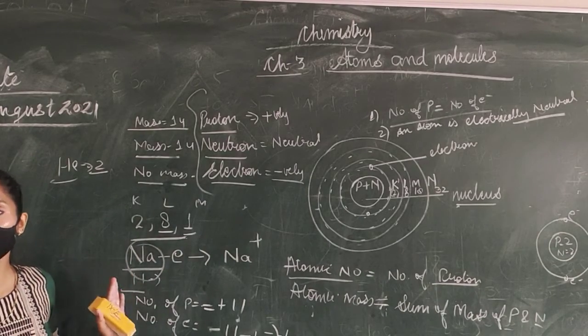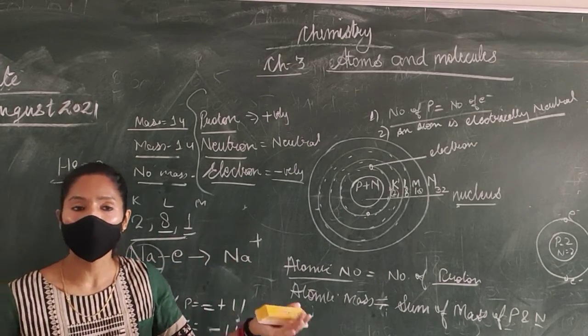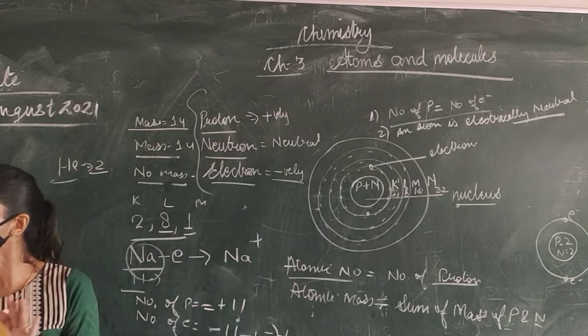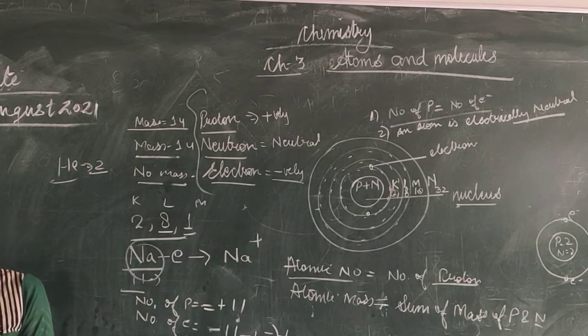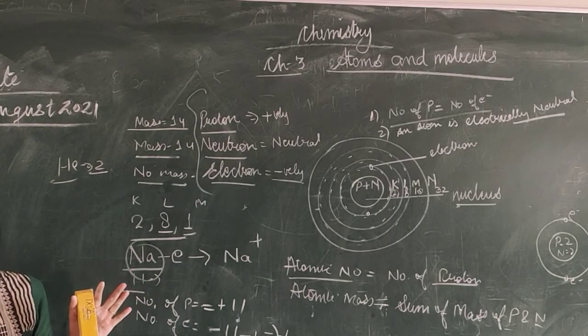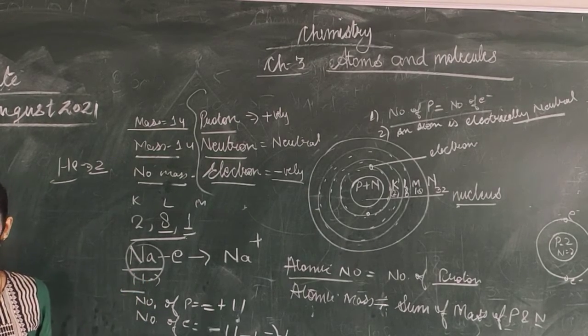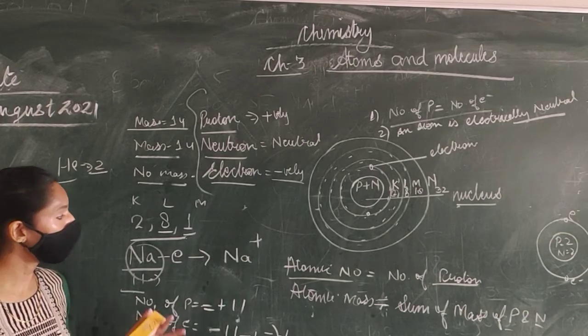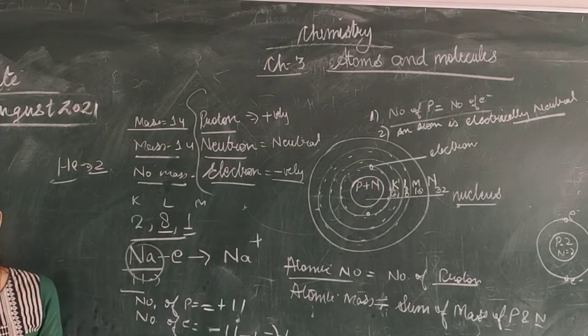Because metals always donate the electron, they always acquire a positive charge. Okay. Because in the configuration of metals, they always have 1, 2 or 3 extra electrons. Alright. So they will always donate the electron and then they will acquire a positive charge.